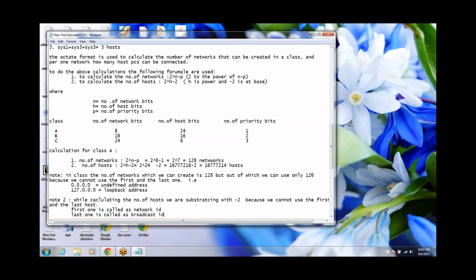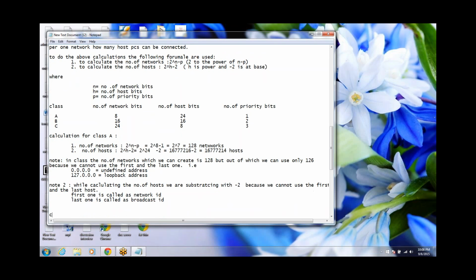So in class A we got 128 networks, but we cannot use the first and the last one, the undefined address and the loopback address. While calculating the number of hosts also, we cannot use the first and the last one. We'll discuss more about the network ID and broadcast ID when we discuss class C calculations.